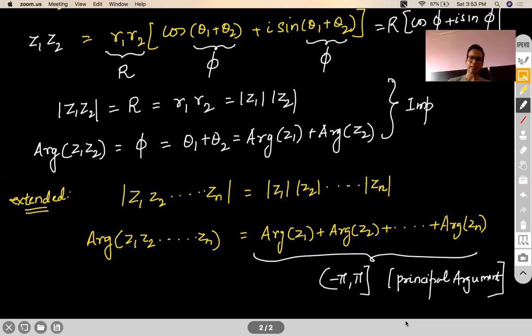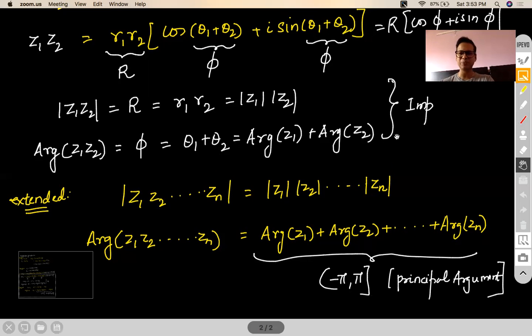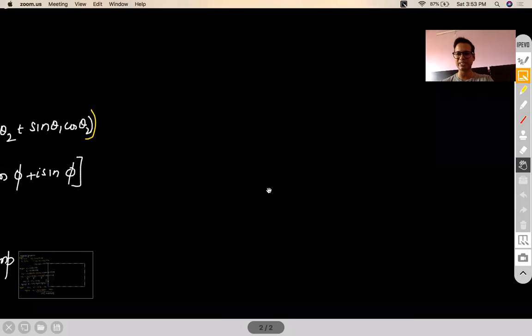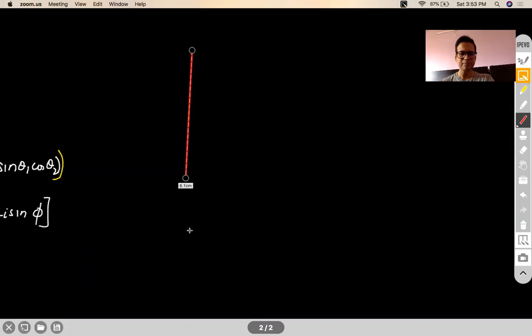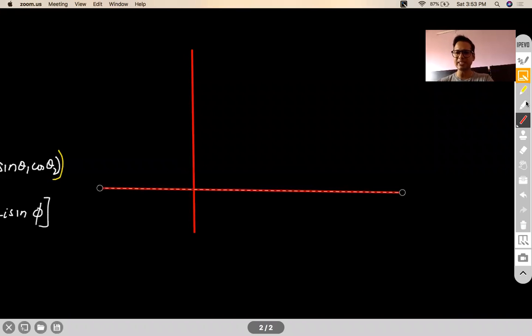Is that fine? Now we'll see what is happening to the location of Z1 into Z2 when we know the locations of Z1 and Z2. Let's say somebody gives me the position of Z1, let's say Z1 is here, and the position of Z2, let's say Z2 is here.